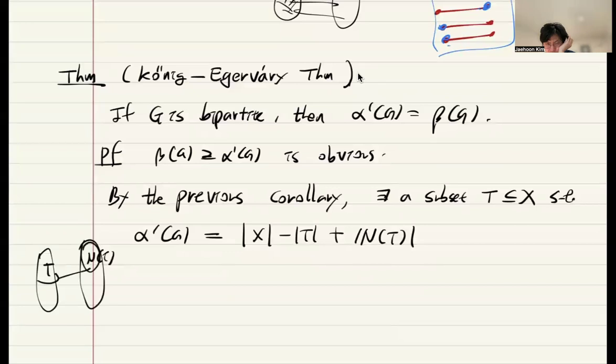Then you have this equality with that specific choice of T, which minimizes the expression.